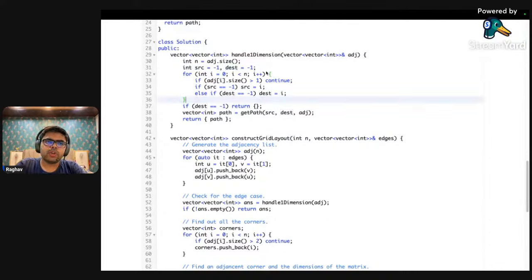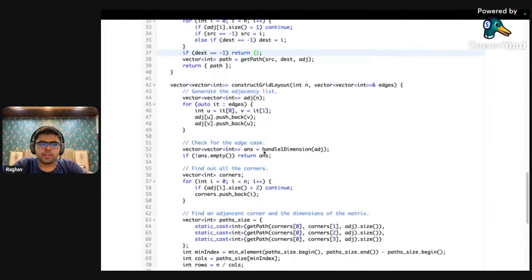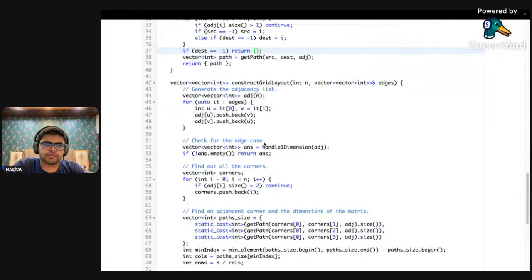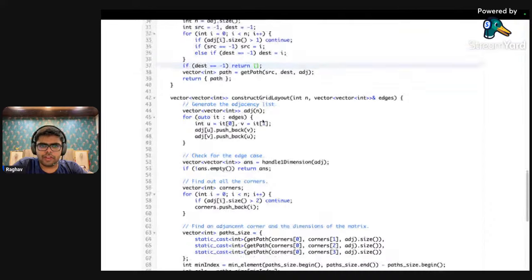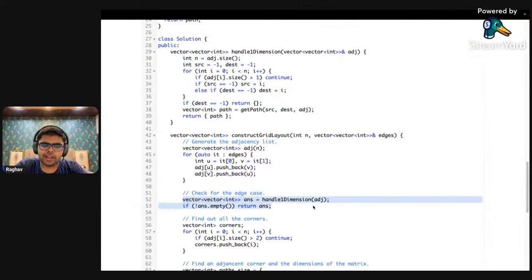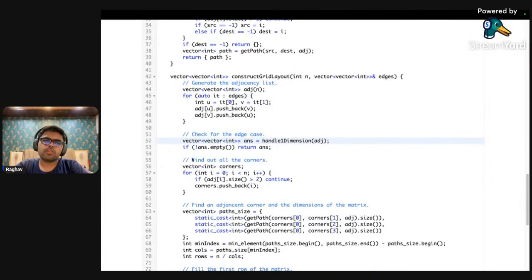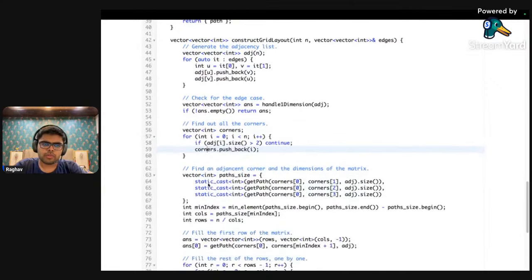If I don't find two nodes with degree 1, in that case I'm just returning an empty vector of vector, and wherever I get that in my main function, I will just check that if I have not got an empty array as the answer, in that case it is my answer. Otherwise, if I got an empty array, then it means that this is not having the edge case, and I will move on to consider it as the main problem.